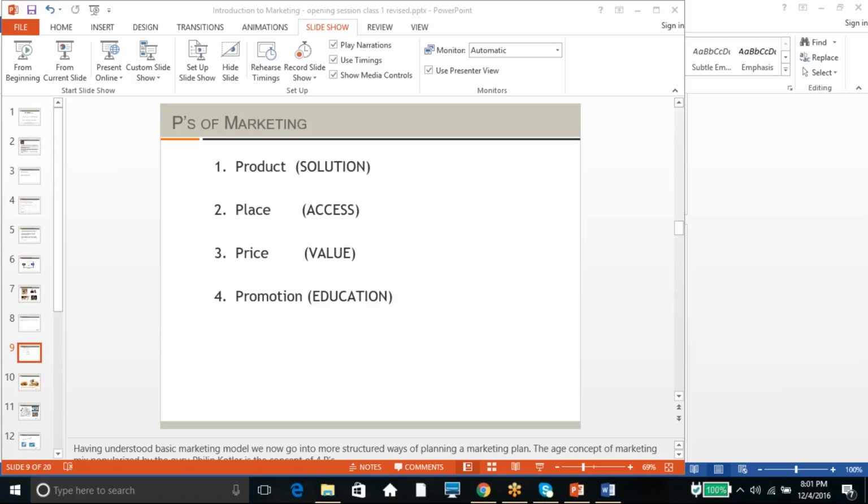So none of these Ps can be designed if that customer has not already been decided upon. So something which is a given or a constant should not be taken up over here, which is how P for people has been avoided.